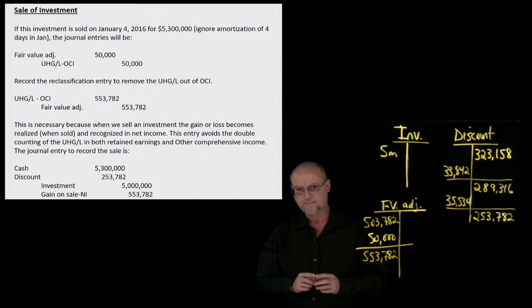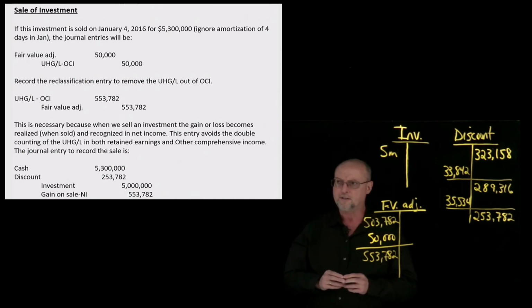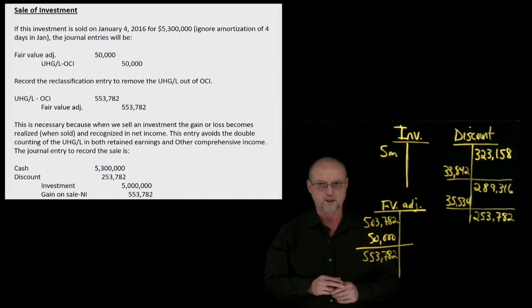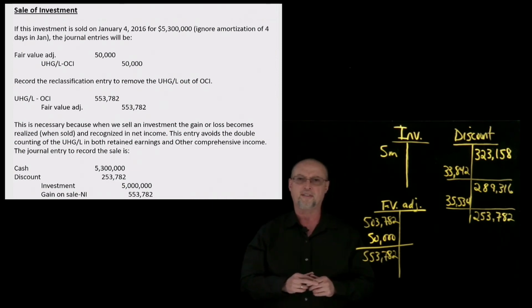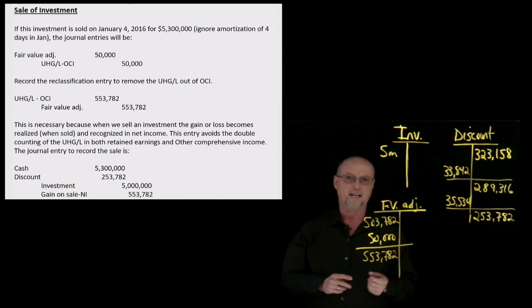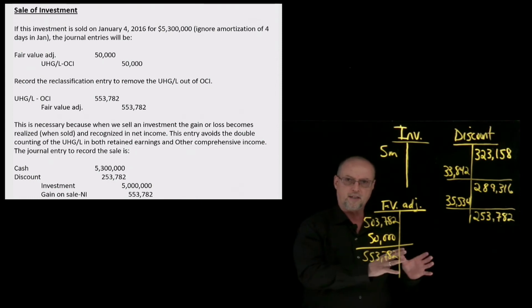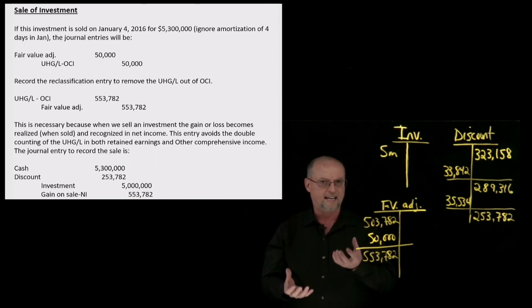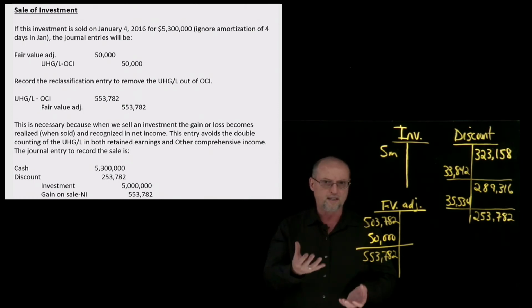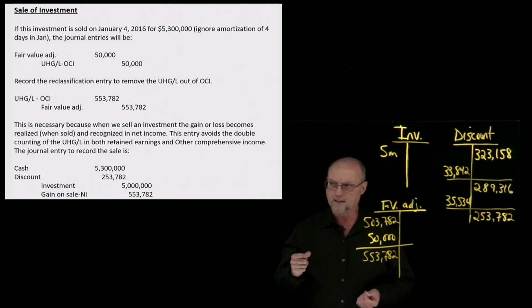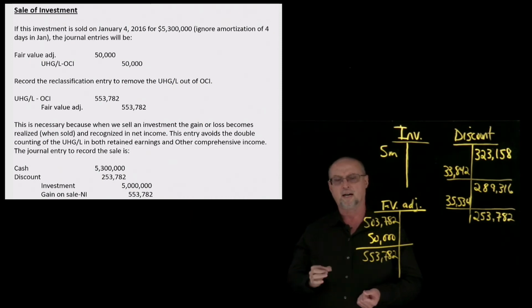So now, we have $553,000 in the fair value adjustment account on the balance sheet, and we have $553,000 in the unrealized holding gain other comprehensive income account, which is on the balance sheet. Since we're selling the investment and we're going to have a realized gain, we don't want to double count the increase to equity that this gain generated. So we have to reclassify the journal entry to get rid of the other comprehensive income.